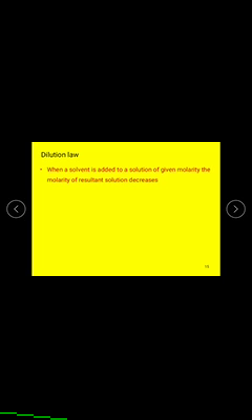Dilution law. When a solvent is added to a solution of a given molarity, the molarity of the resultant solution decreases. For example, we drink tea daily with a sufficient amount of sugar.